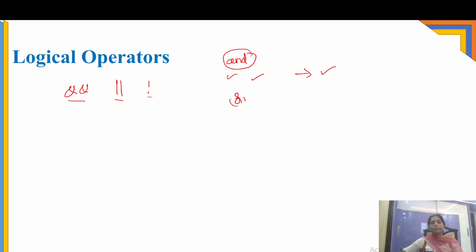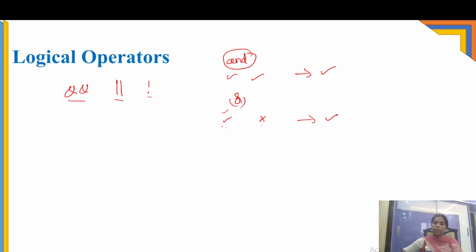OR, so let's connect this with the English language. I'll do homework or I'll play. Of both the things, only one thing will be done. In the same way, of either of the statements, if only one is true, then the output will be true.